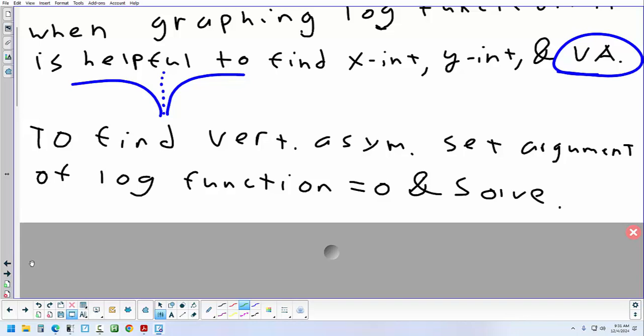Set the argument equal to 0 and solve. If there was a horizontal asymptote, then yes, C and D would have something to do with that. But log functions don't have horizontal asymptotes.